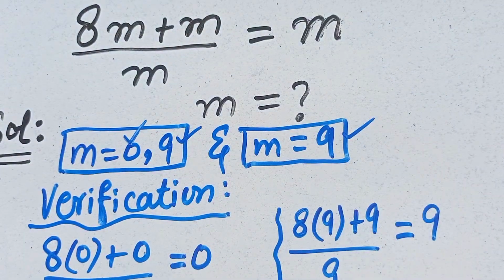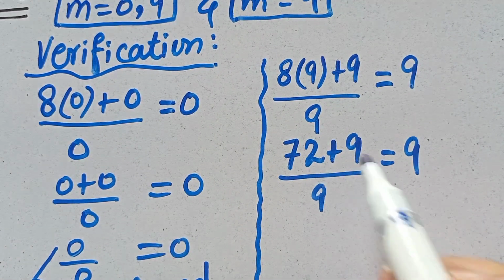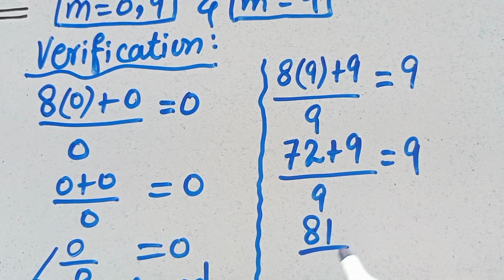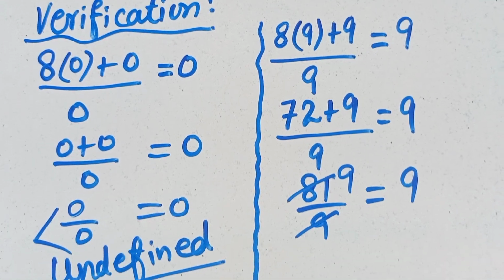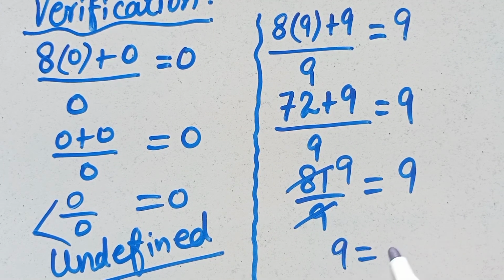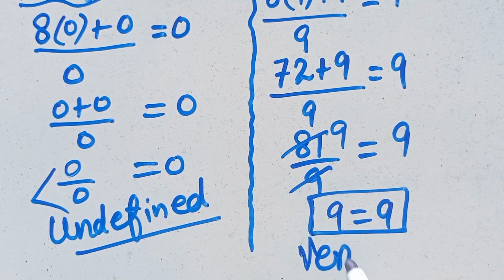Now simplifying the left hand side, 8 multiplied by 9 is 72, plus 9 upon 9 equals 9. Adding 72 and 9, 81 upon 9 equals 9. 9 ones are 9 and 9 nines are 81. So 81 upon 9 equals 9, which equals 9. We have verified this solution, so the result for m, that is 9, is verified.